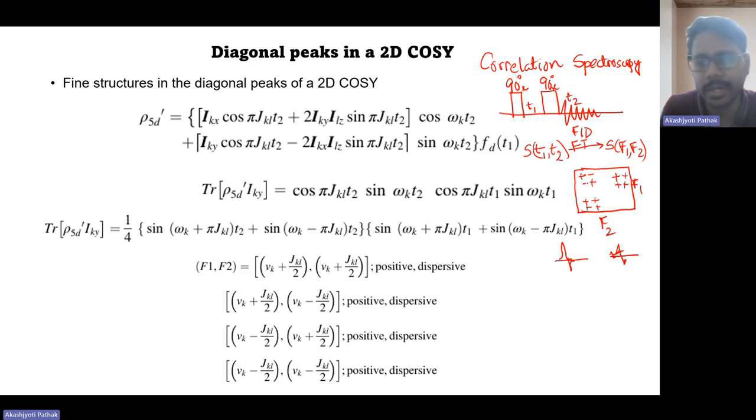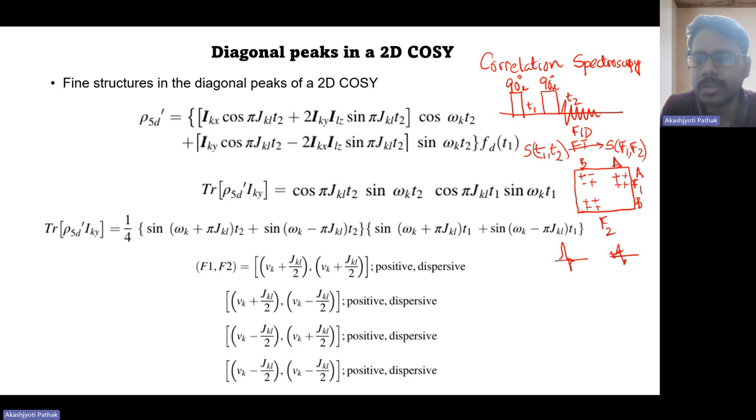What is the information carrier? The information carrier is present in the off-diagonal elements, or the cross peaks. We had seen that we will get cross peaks when one spin is J coupled to another spin. So if there is a spin, say A, and another spin, say B, and the A nuclei is coupled to the B nuclei, then we will observe cross peaks.